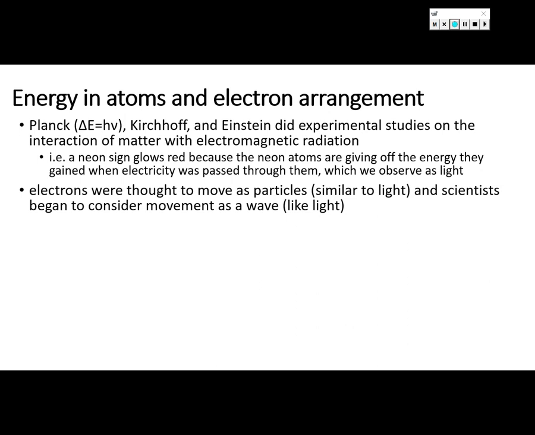So they did experimental studies on the interaction of matter with electromagnetic radiation. So famous experiments like black body radiation. Max Planck is considered, like h is Planck's constant. Hertz was in there too, like Hz, which is what we still measure radio waves in.